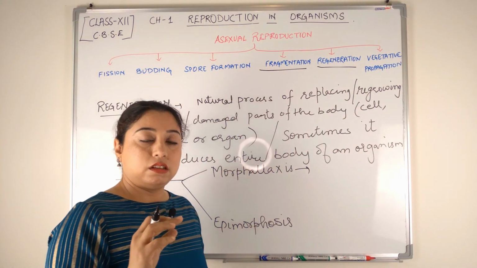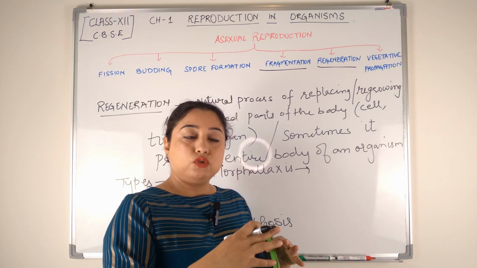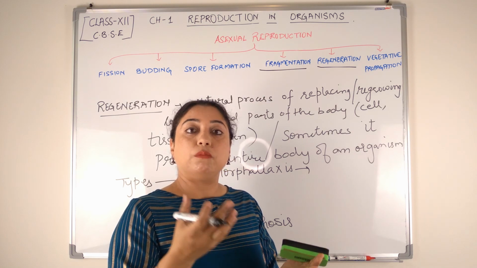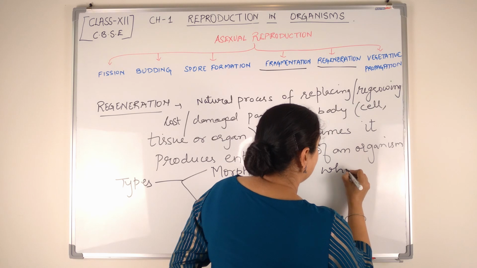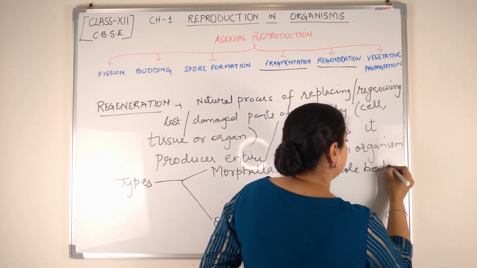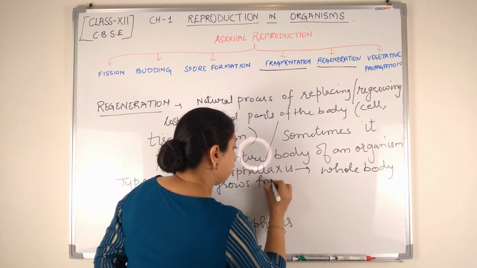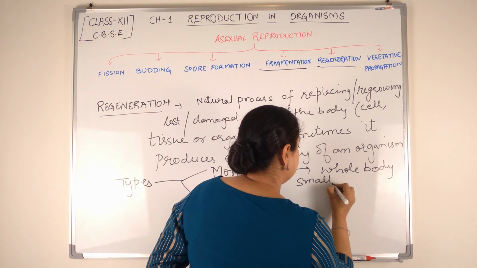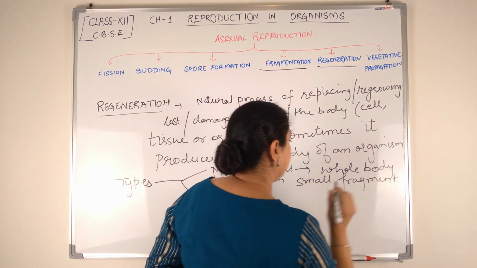Morphallaxis means ability of an organism to produce an entire or the whole body from a small fragment. Okay, in this, whole body grows from small piece or fragment. Right?